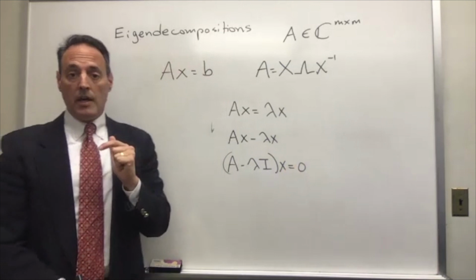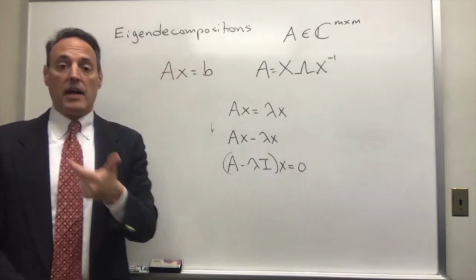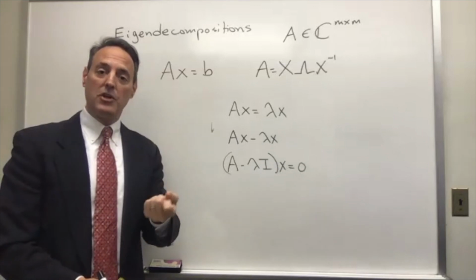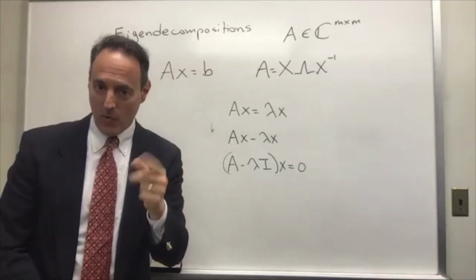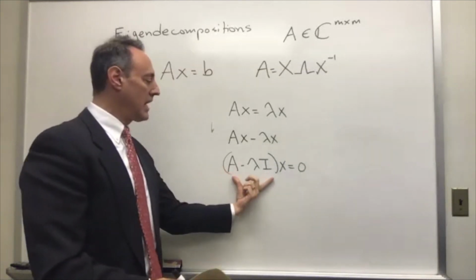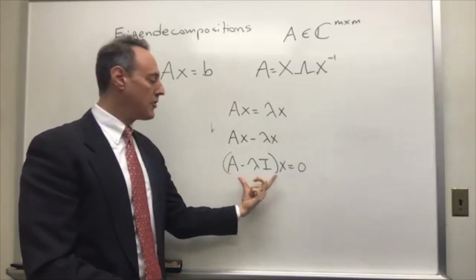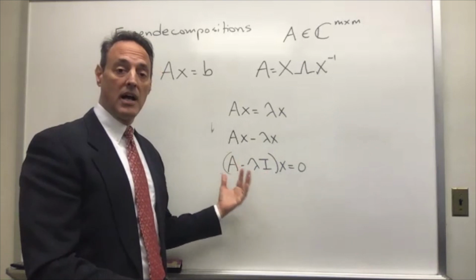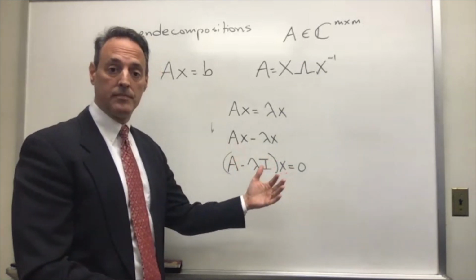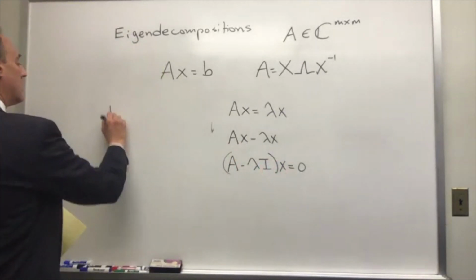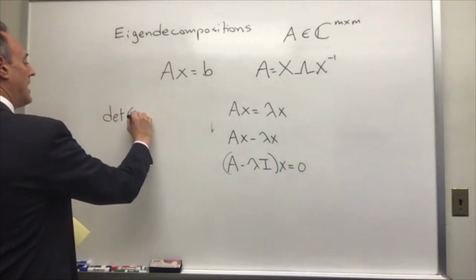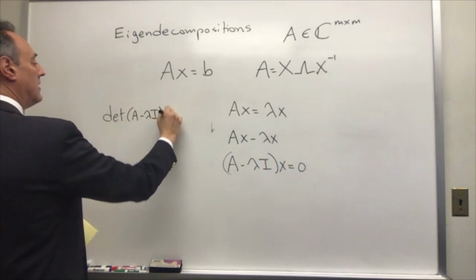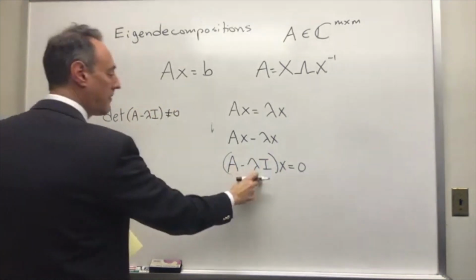Now, how do we get then the eigenvalues? Well, we're going to do something that we usually try to avoid. What we normally think about is, can I invert this matrix? If the determinant is not 0, in other words, if it's non-singular, I can invert it. So if the determinant of A minus lambda I is not 0, then I can invert this matrix.